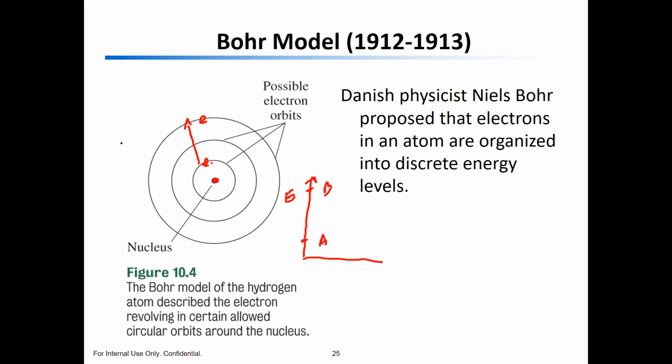I have to put energy in, right? Let's suppose this energy here is 10, and energy B here is 18. So I put in enough energy, and this electron from energy 10 went up to energy 18.